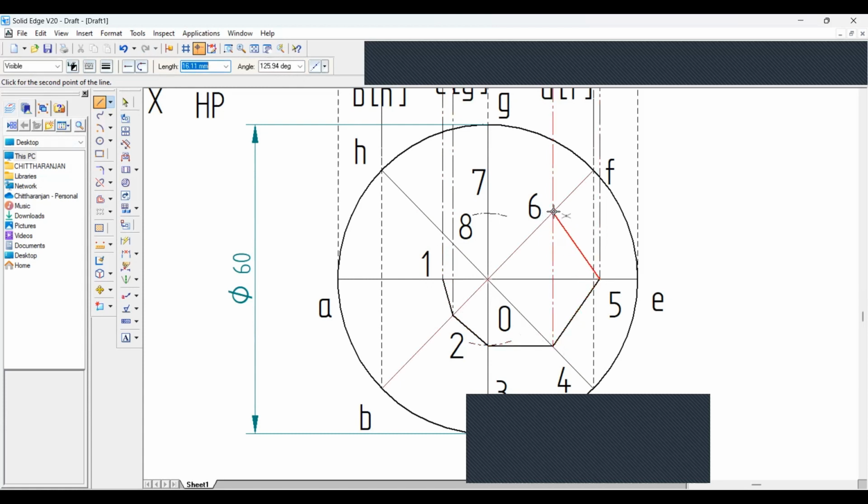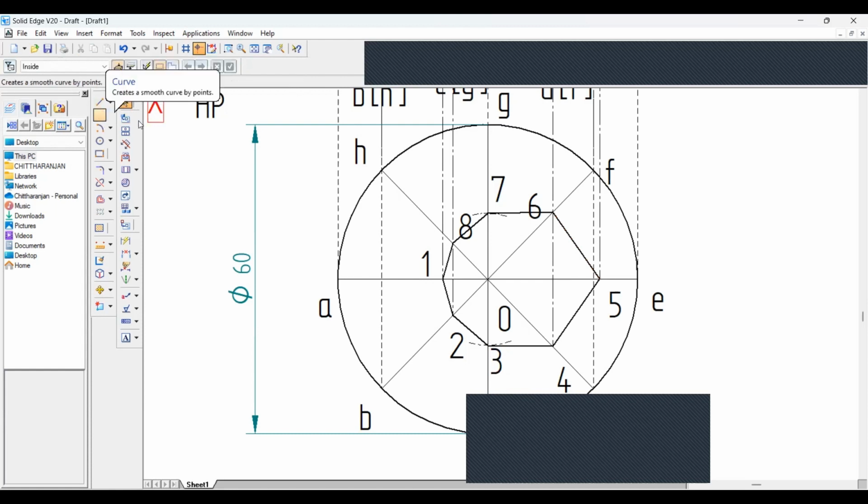5, 6, this is 7, and this is 8, intersection point 8, and in 1. Keep this 7 near to the point, and 3 also near to that point. Now we have to make this line into curve. So convert to curve, click on that lines.